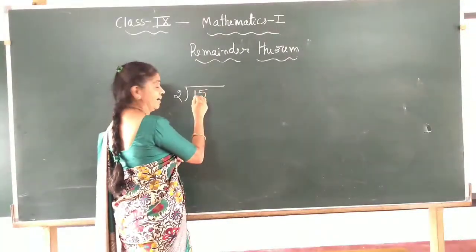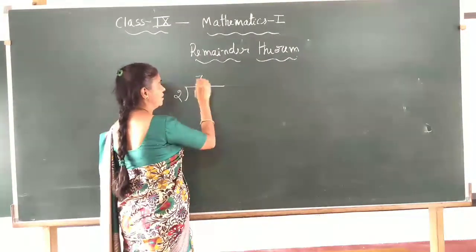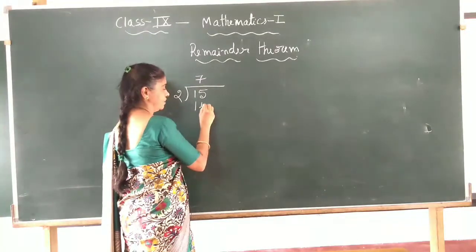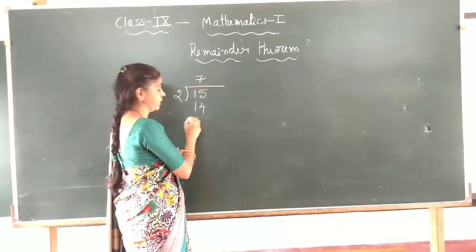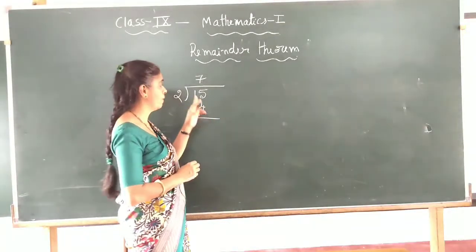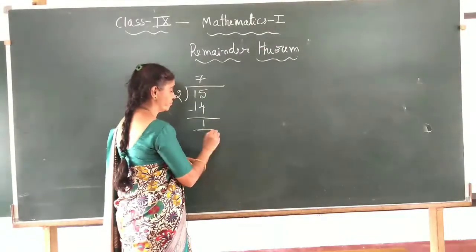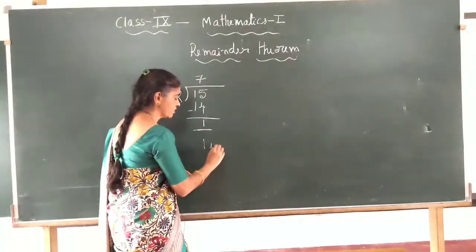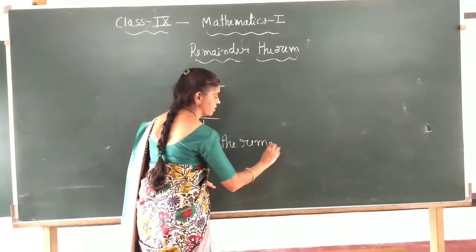Here 15 is divided by 2. 2 sevens are 14. Below we write it and subtract, so plus changes into minus. 15 minus 14 is 1. Now 1 is the remainder in this division.